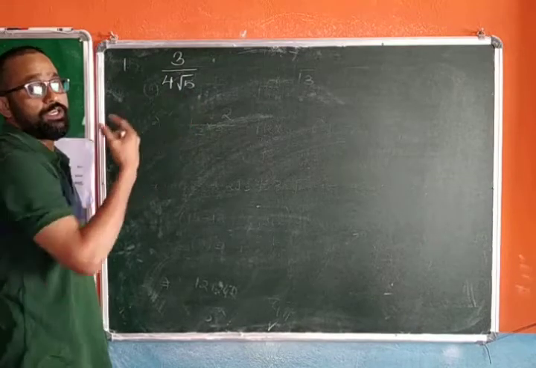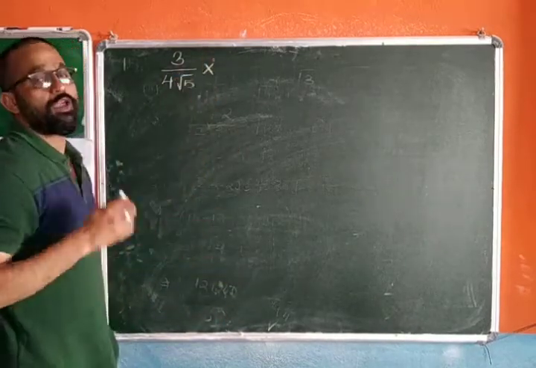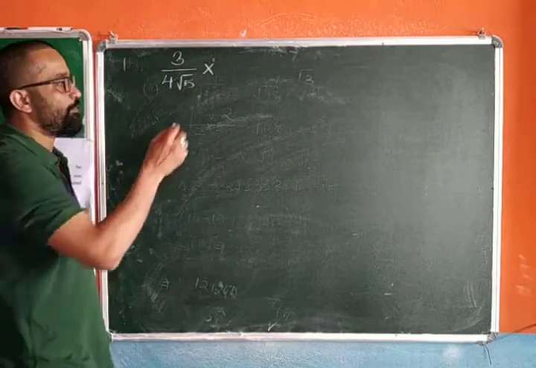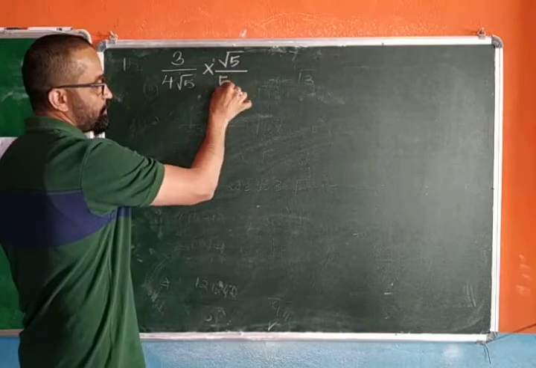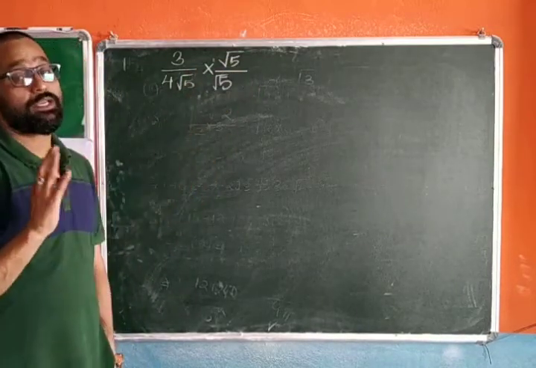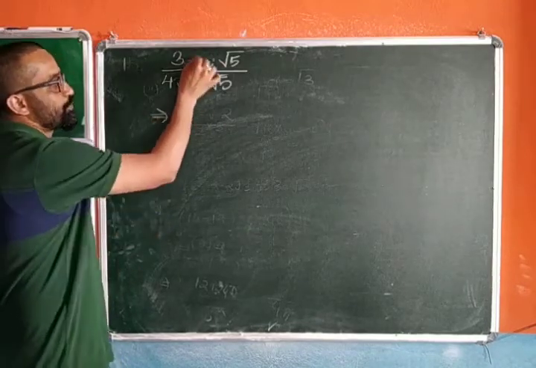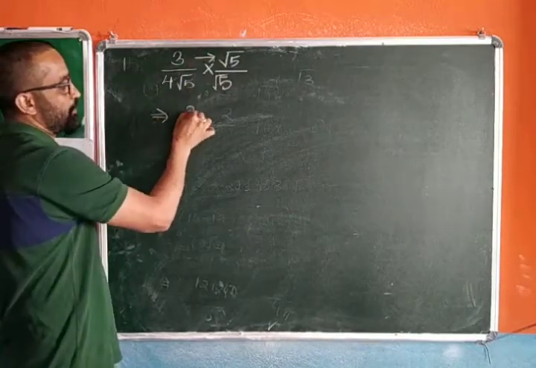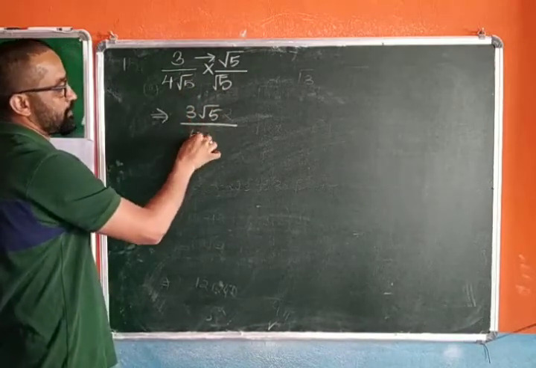Root 5 is an irrational number, so we multiply both numerator and denominator by the surd such that at the denominator we get a rational number. So when we proceed with multiplication, you get 3 root 5. 4 you write as it is.